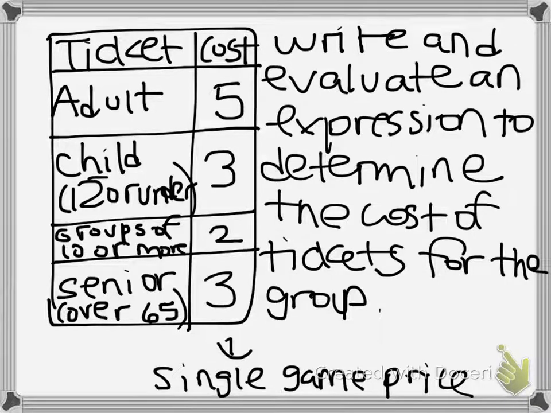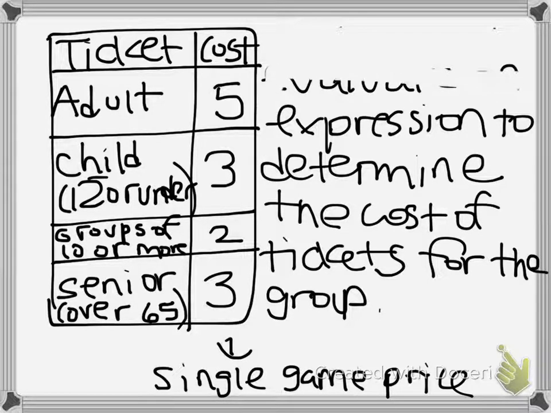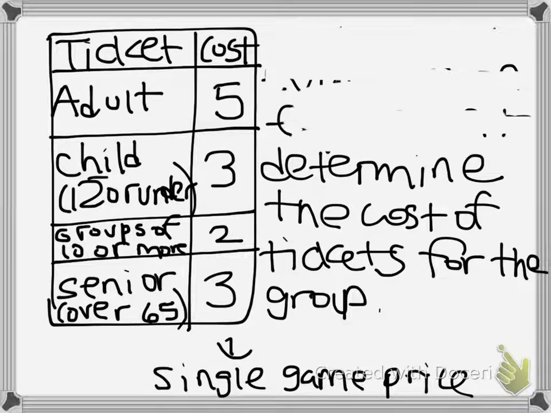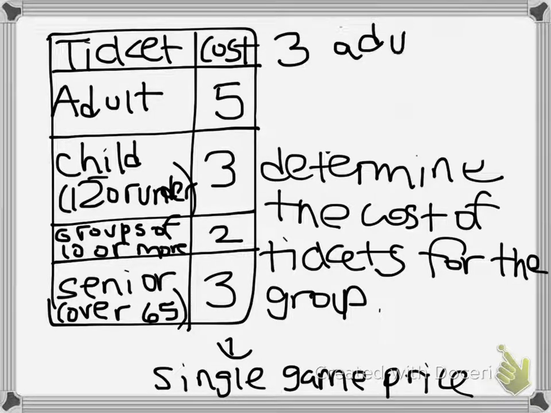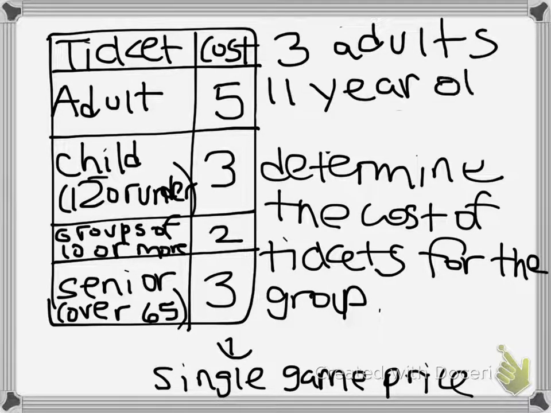We need to write and evaluate an expression to determine the cost of the tickets for the whole group. And remember, the group consisted of three adults, an 11-year-old, and 2 children under 10.